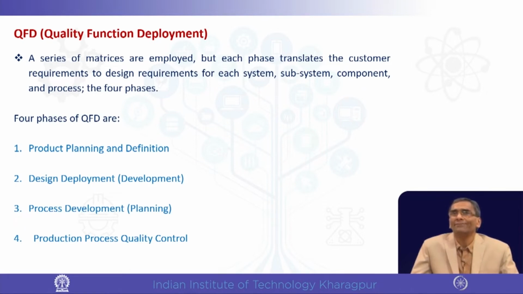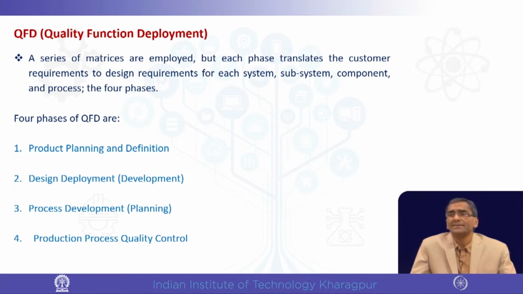Each will have its configurations, which we will discuss now, and basically we had examined the intersections of the customer requirements versus the engineering requirements or technical descriptors. So, these 4 phases would cover starting from the broad system, then to subsystem, then to component, and then to the process, as I just now have said.